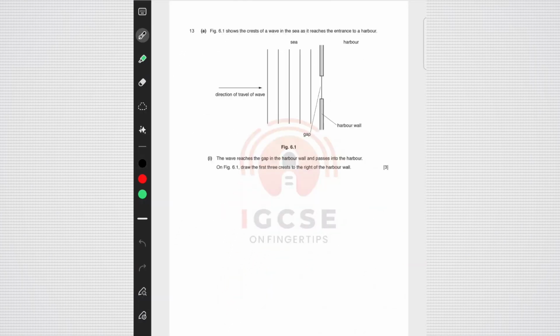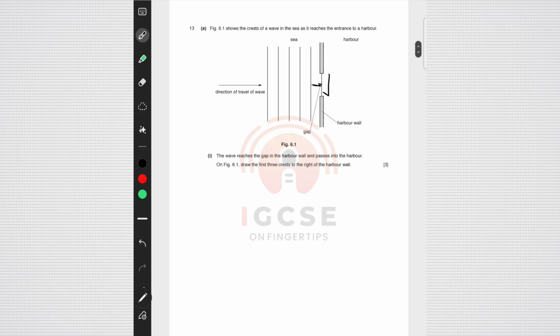Question number 13. Figure 6.1 shows the crests of a wave in the sea as it reaches the entrance to a harbor. The wave reaches the gap in the harbor wall and passes into the harbor. Draw the first three crests on the right of the harbor wall. So what you will do, you will look at this gap and how much this gap is. Now clearly the gap in the wall is greater than the wavelength, right?